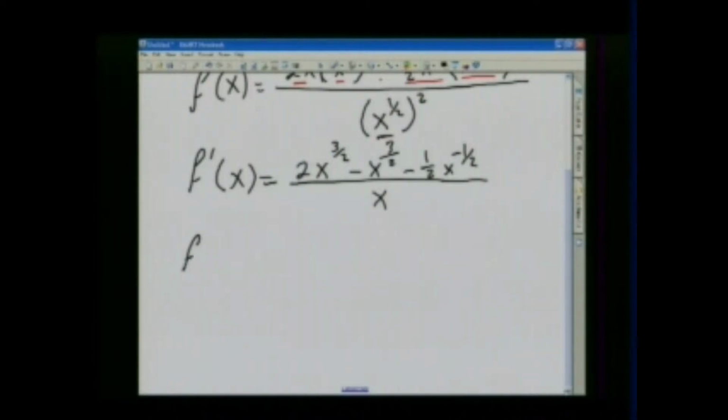Therefore, f prime of x is equal to, I have 2x to the 3/2 and minus 1x to the 3/2.